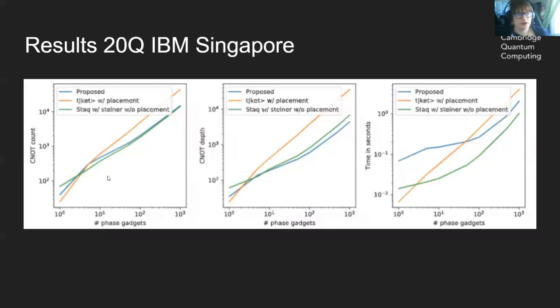And here you have similar results for the 20-qubit Singapore device from IBM. And you can actually see exactly the same trend. So same CNOT count, better CNOT depth, similar runtime with respect to Stack. And of course, better than Tket in this case.